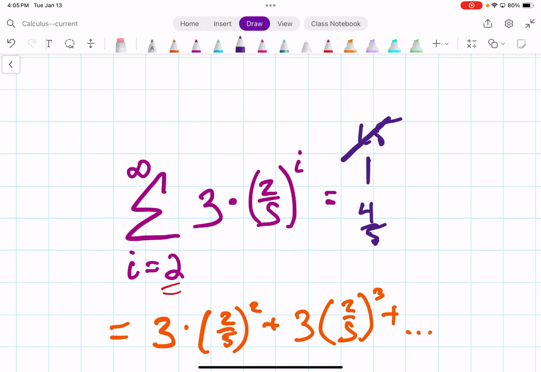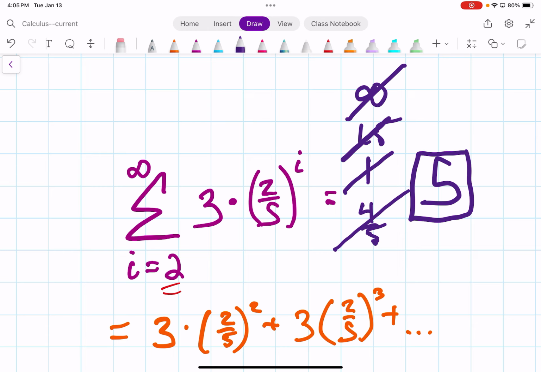Sadly, it is not infinity. Is it 5? Is it 3? Let's go with that. The sum is 5. How do you do that?